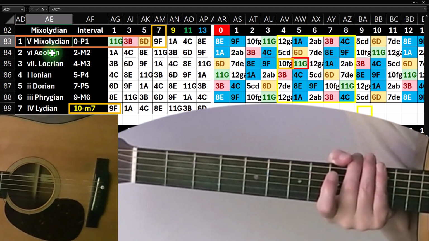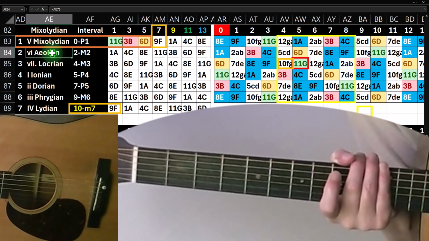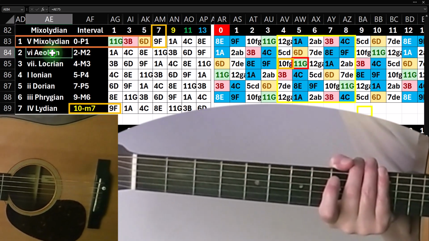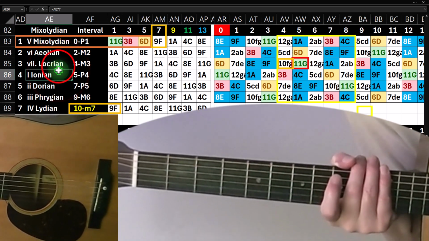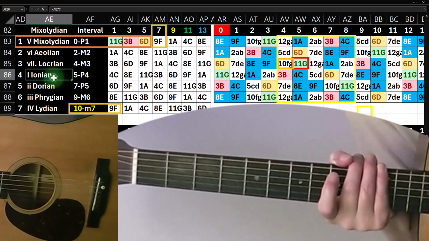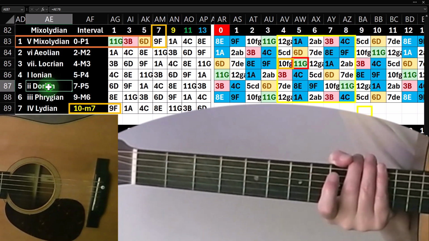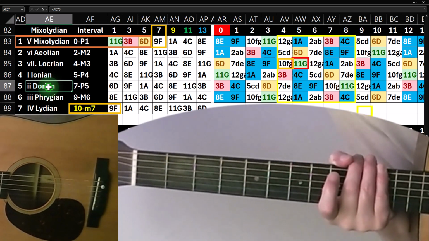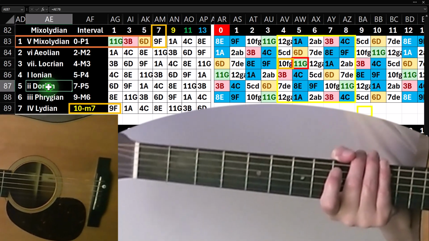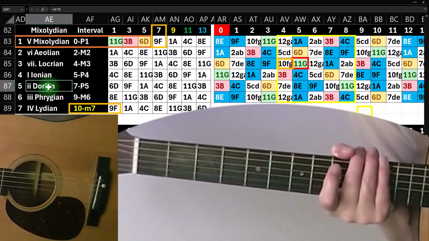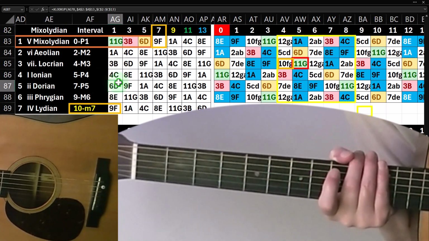I can convert the Aeolian, which is the minor scale. Well, that's basically the minor scale. It's already there. The Locrian I can't do much with because it's a weird one. The Ionian is the major scale. I can't do much with that. But the Dorian, I can convert the Dorian, which is a minor mode, by shifting one interval to the related D Dorian to a D minor.